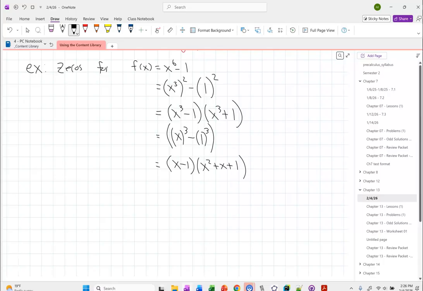Now let's look at the x cubed plus 1. I also have to take that down the 2-term branch. Is it a difference of two cubes or two squares? No, the degree is odd, it can't be. Is it a sum or difference of two cubes? Yeah, it's a sum, right?